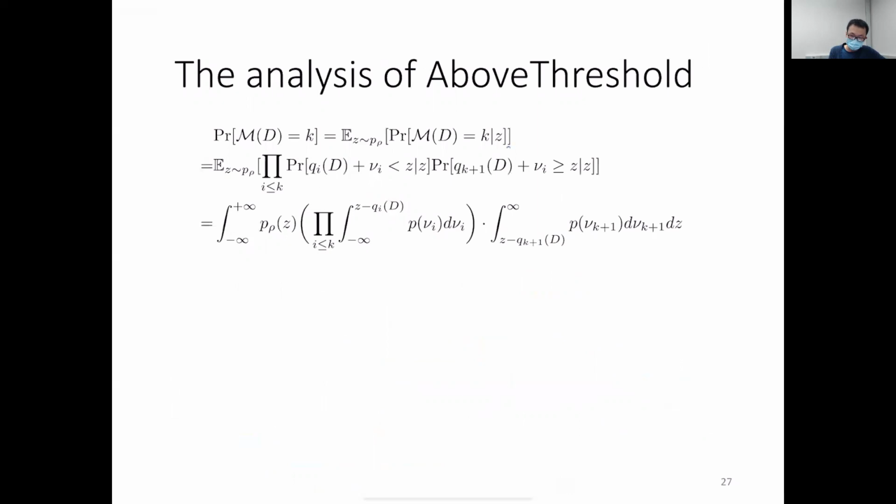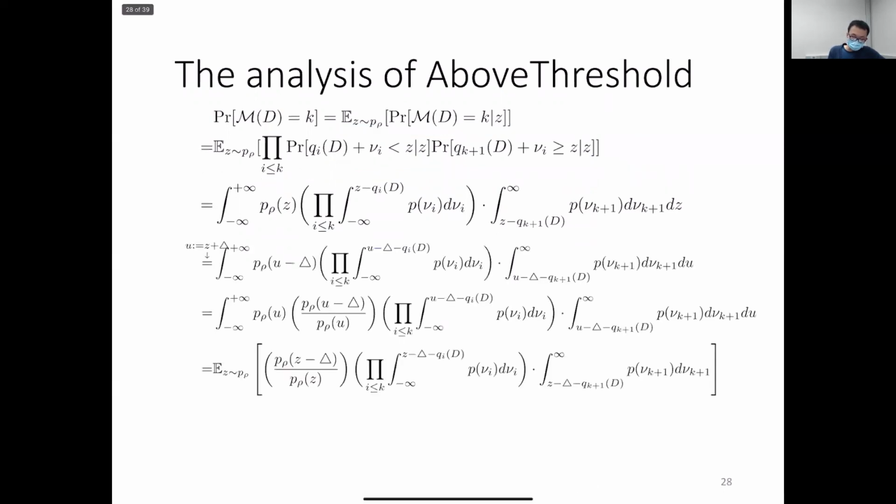We first apply the law of total probability by conditioning on the realized value of the threshold noise, and then we decompose it into the product of independent events, so that the output is perp to the power of k followed by top. Then we basically rewrite everything from the previous slide.